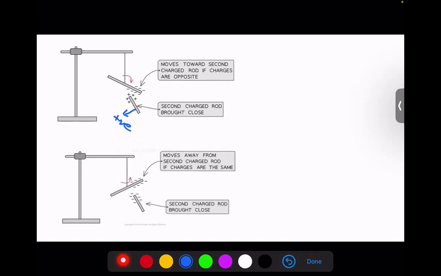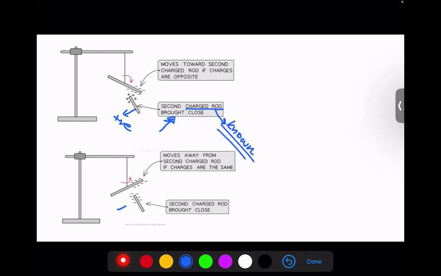If we bring it near this hanging rod and it attracts, we will know that this rod is negatively charged, and if it repels, the hanging rod has a positive charge. The second charged rod, when it says charged rod over here, means it had a known charge on it.